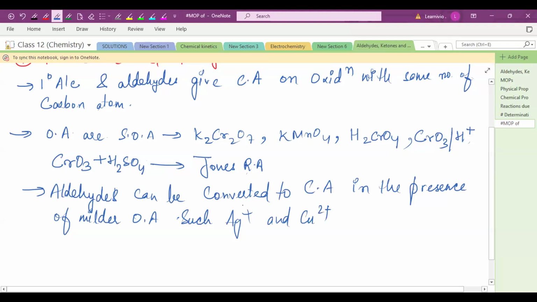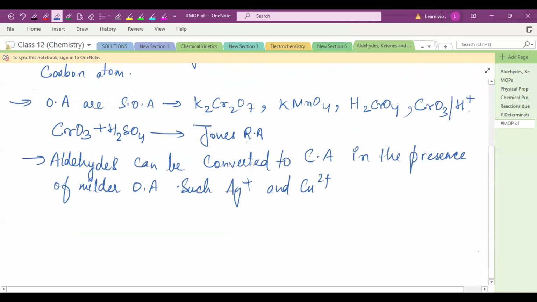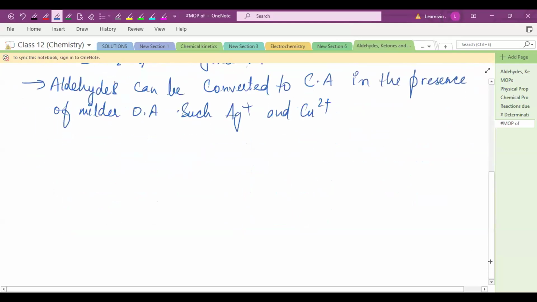Ag plus के लिए आप क्या लिख सकते हो? सिल्वर अमोनिकल नाइट्रेट ले सकते हो. Okay, and for Cu2 plus, you can use your Fehling reagent, right? CuO. So aldehyde can be oxidized by a milder oxidizing agent also.